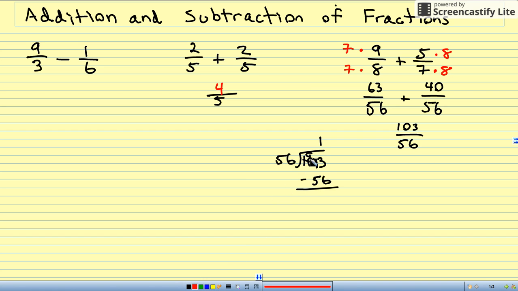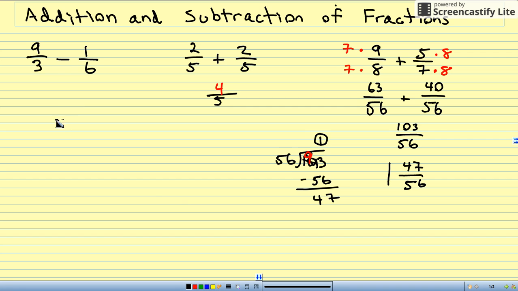Oops, it didn't put it in red. 13 minus 6, that's 7. 9 minus 5, that's a 4. So what I have now is my 1. This goes on the outside of the fraction. And 47 over 56. I've cleansed the demon.